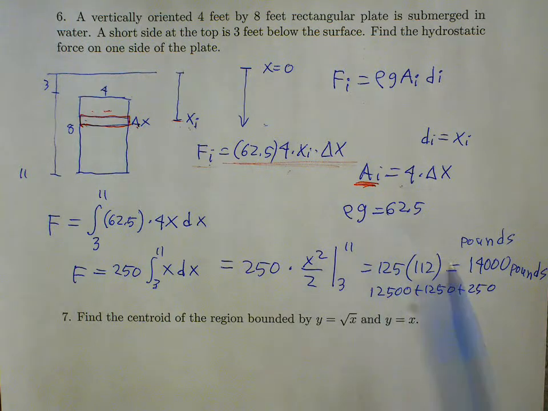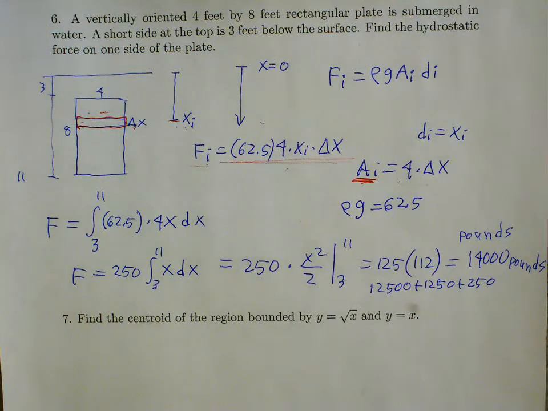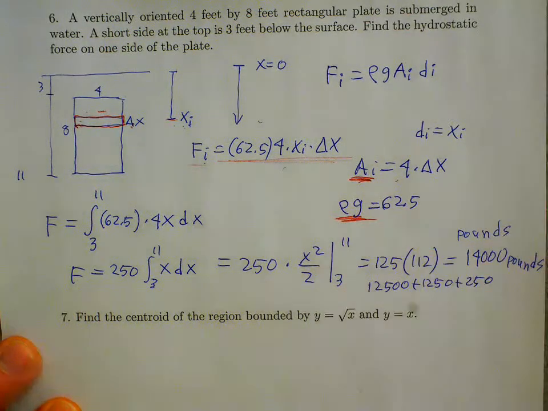But I'll consider giving it, if I think that it's warranted on a test. But it's not too hard to remember. When feet are involved, that is 62.5 pounds per cubic foot. But yeah, I think I'll do that. If on a test, I'll give you the values of rho times g.